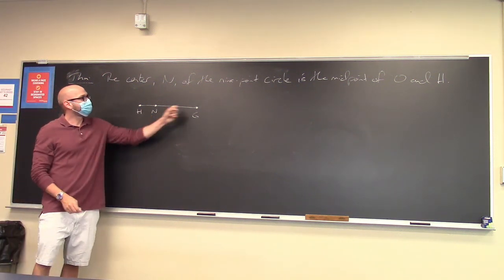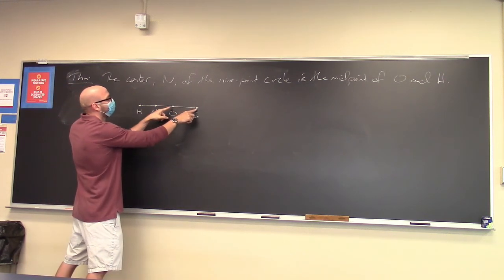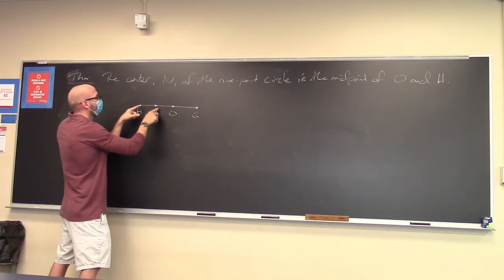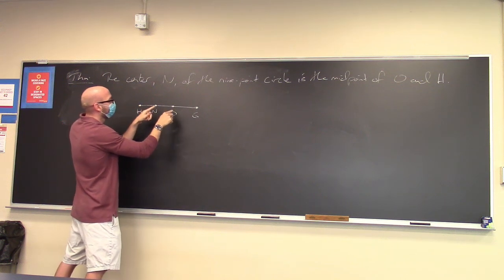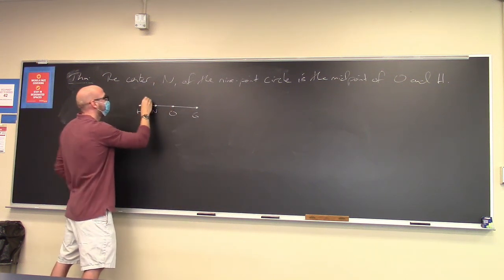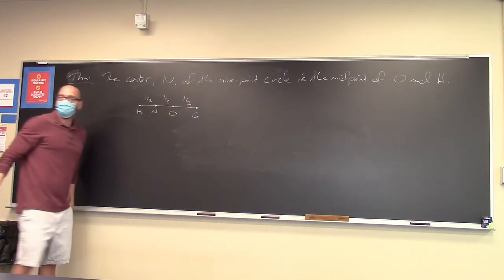That means that they're all actually sort of equally spaced along this line, right? This distance is twice this distance, so H to N is exactly the same as N to O, exactly the same as O to G. And they're all 1/3 of that line segment.